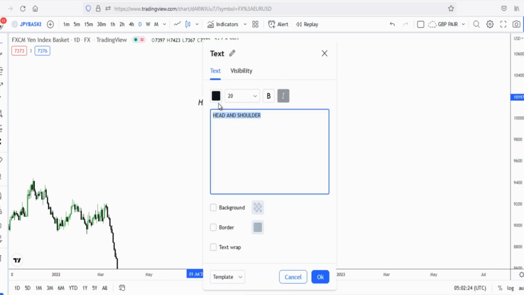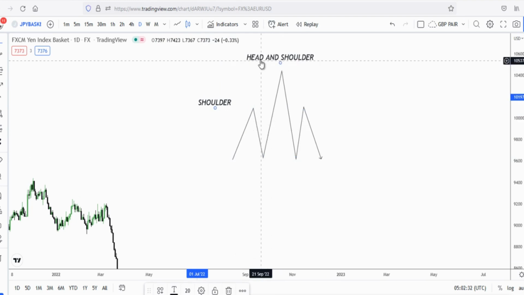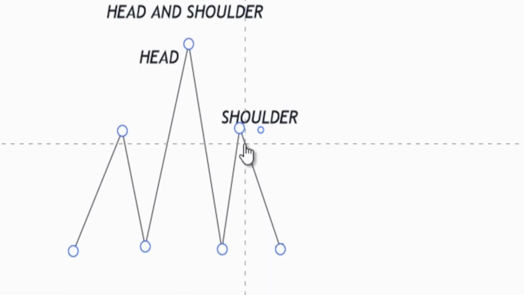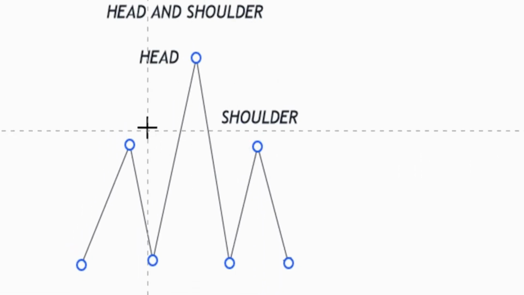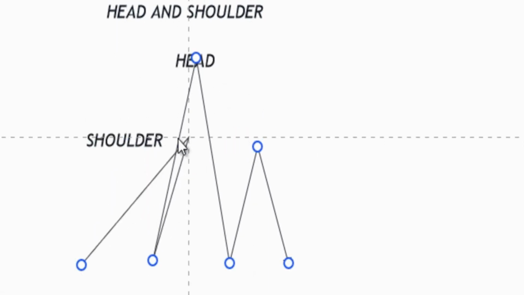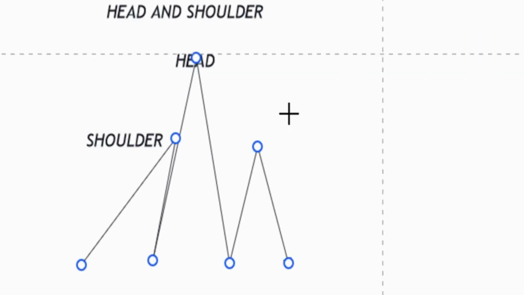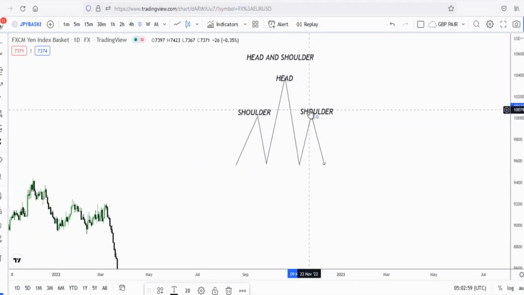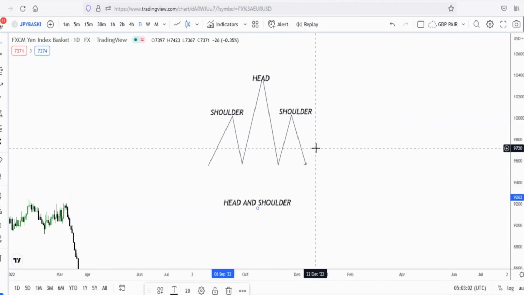So now we have a left shoulder, then we have the head, and then we have another shoulder here. And then the last shoulder completes the head and shoulder pattern.